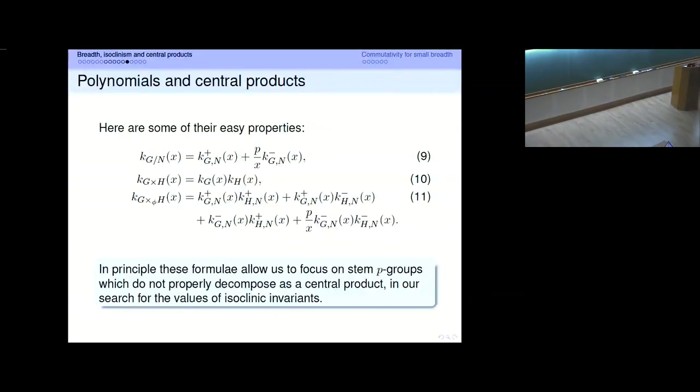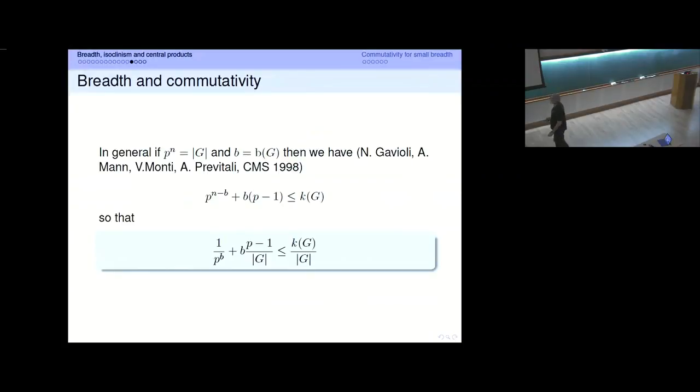And now it is time to tell you something about the paper of which this is a sequel. This is a paper that was published in 1998. Well, Gavioli and I were there, and Valerio Monti, Avino Amman, and Andrea Previdali were the other co-authors.